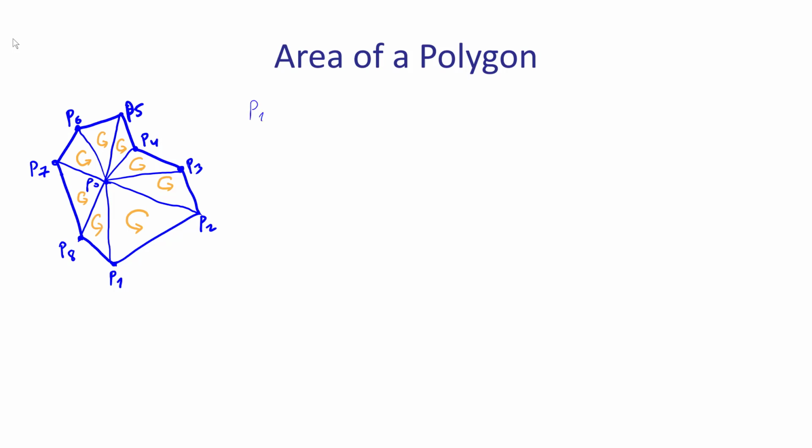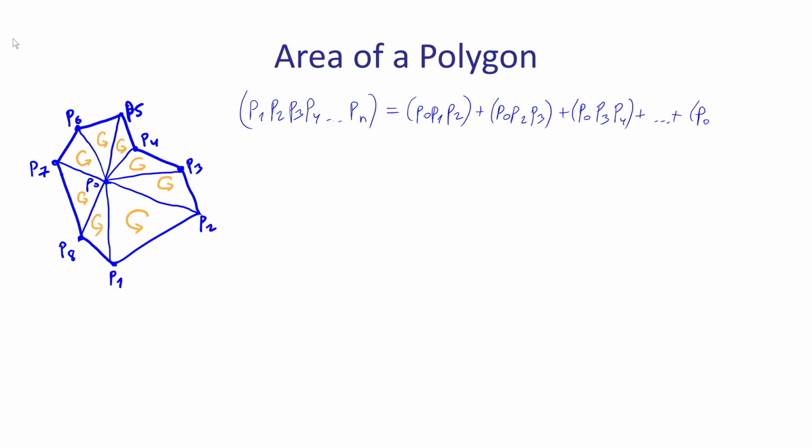You'll have P1, P2, P3, P4, and so on to Pn, area equal to P0, P1, P2 plus P0, P2, P3 plus P0, P3, P4 plus and so on until you get to P0, Pn minus 1, Pn, and then the last one is P0, Pn, returning back to P1.